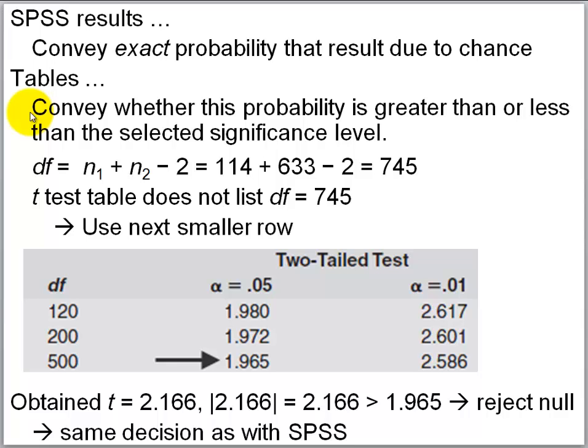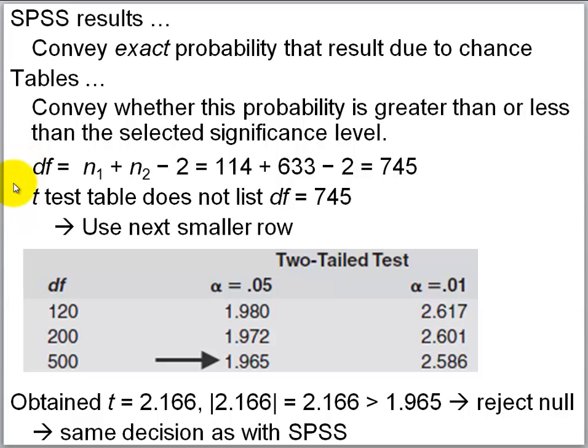So tables aren't going to tell you the precise probability. They're simply going to tell you whether the probability is greater than or less than the selected level, in our case 0.05.